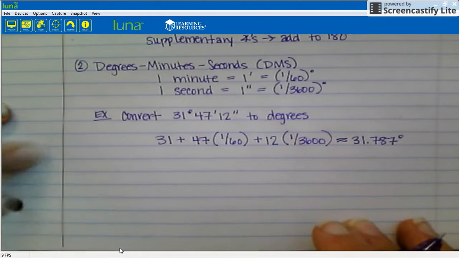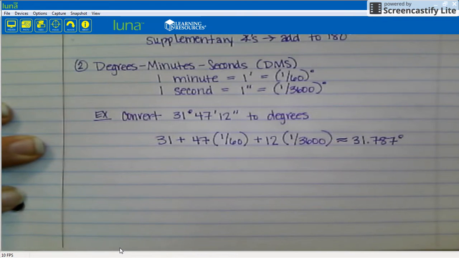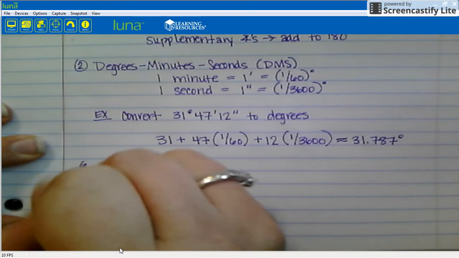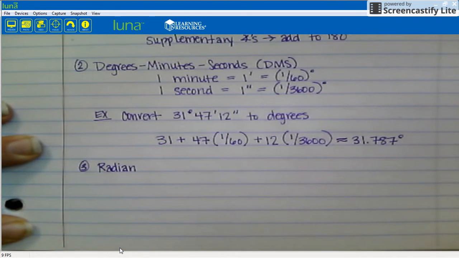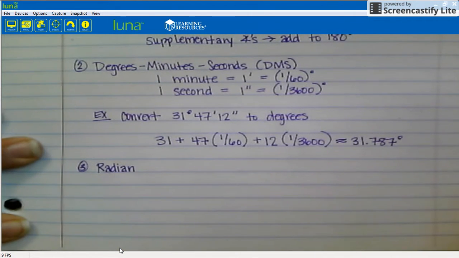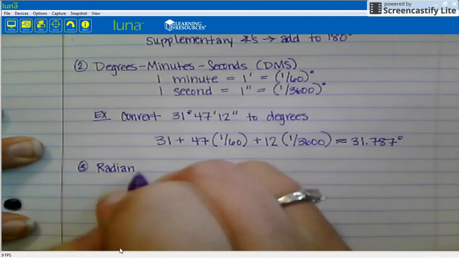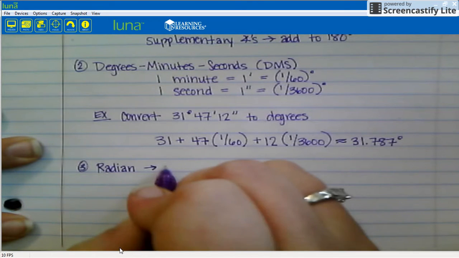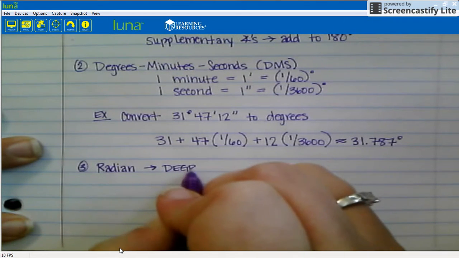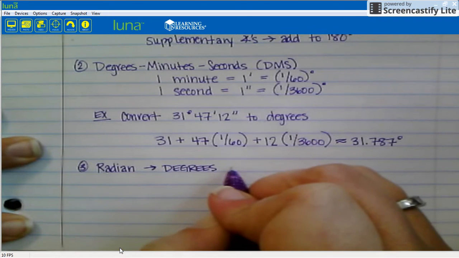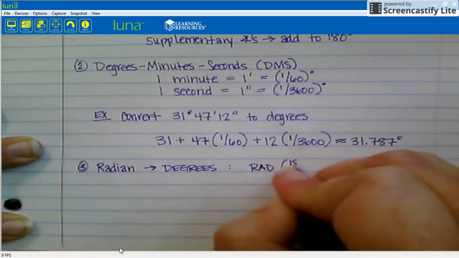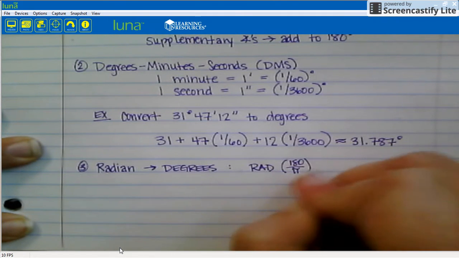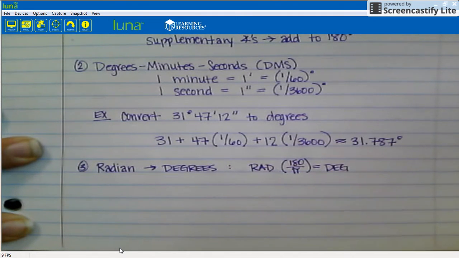And another very popular method for representing degree or angle measures is using radian measures. So a radian is essentially a fractional revolution around the circle, but that's not anywhere near as important as knowing the conversions. So if you convert from radians to degrees, then you're going to take your radian measure and multiply it by 180 over pi, and that will give you your degree measure.